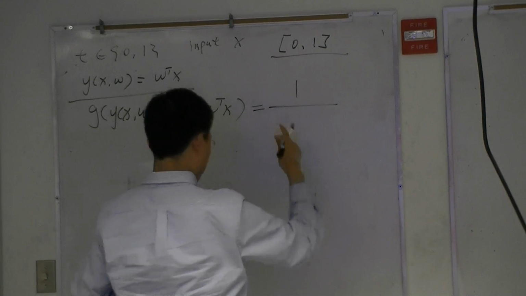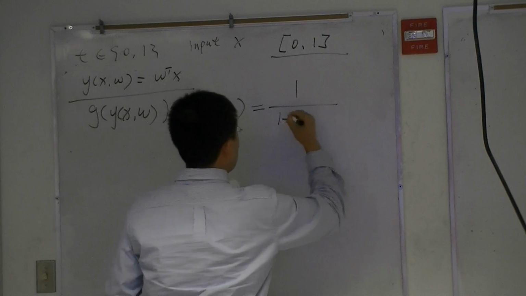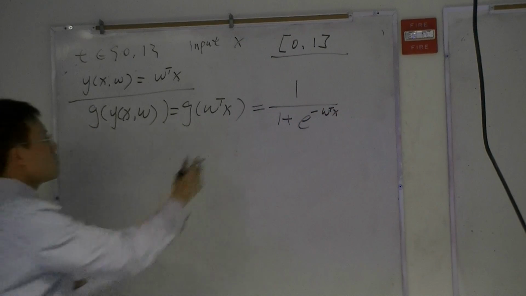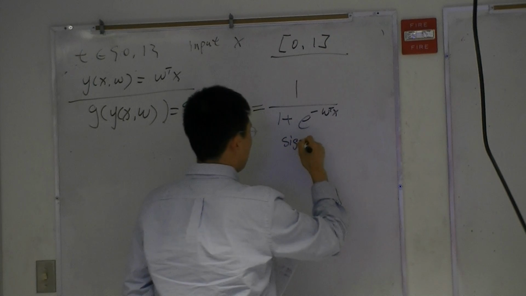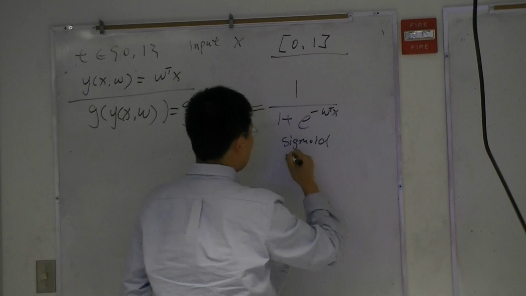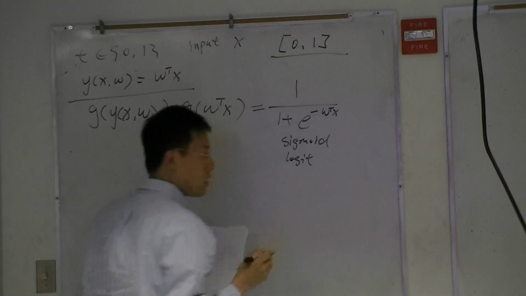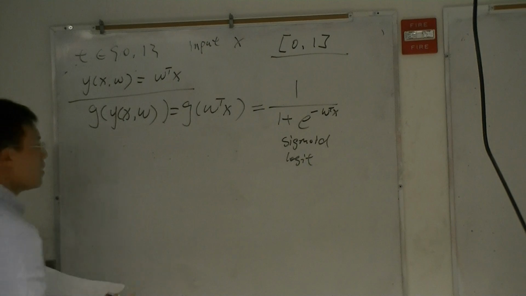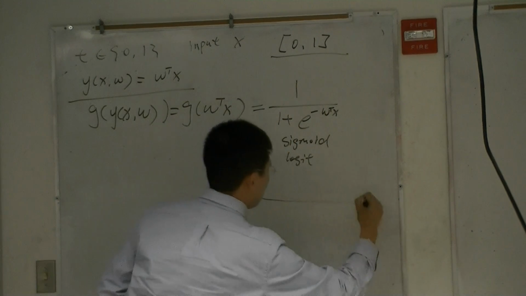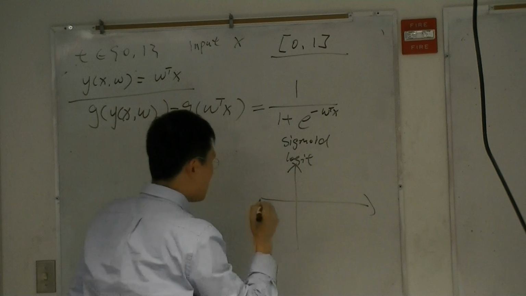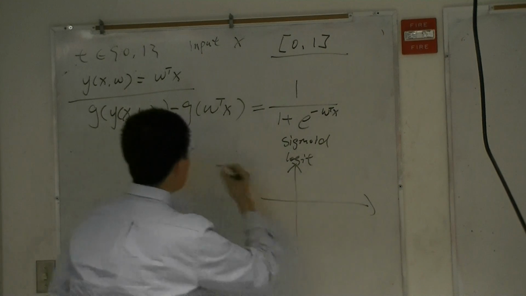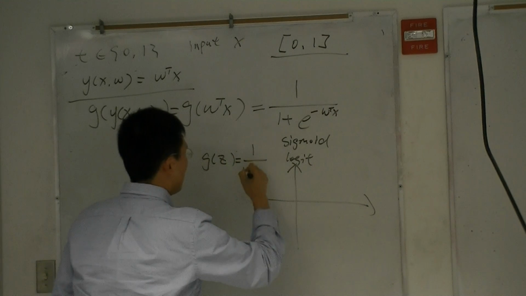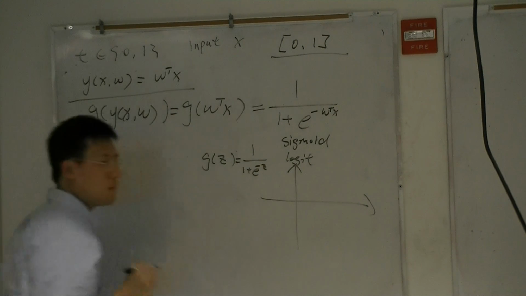This function can be something like this. Usually this function is called the sigmoid function, or logistic function. The property of this function is something like this: g of z equals 1 over 1 plus e to the minus z.